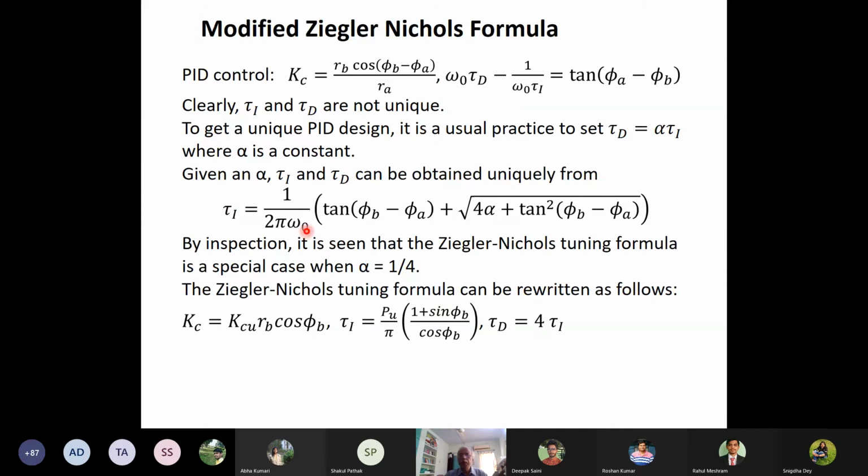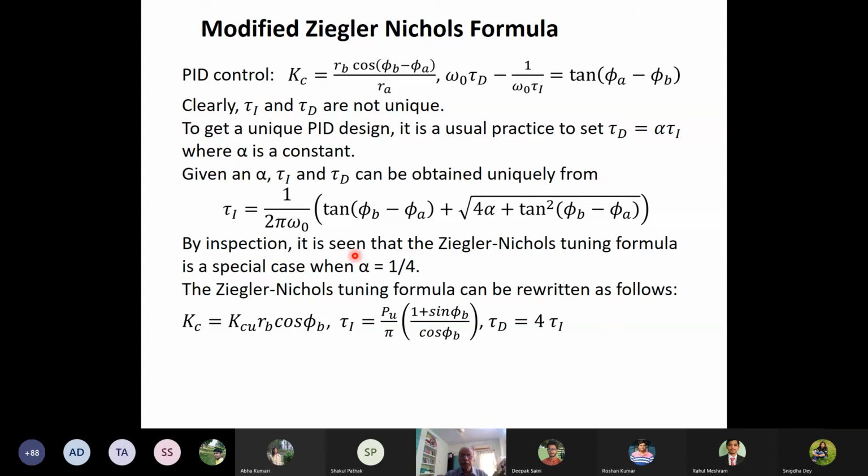From this, I can get tau I from this relationship, and tau D will be alpha tau I. So based on that, I can have the Kc, tau I and tau D. For the special case of Ziegler-Nichols tuning parameters, Kc will be given by this equation, tau I will be given by this equation, and tau D will be given by this equation.